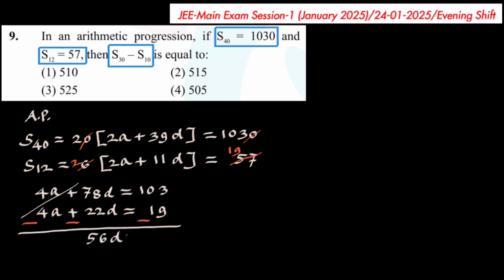Subtracting, 56d equals 84, d equals 84 upon 56, d equals 3 upon 2.